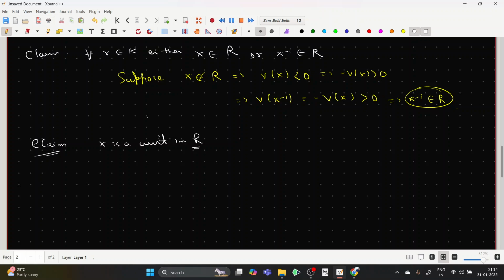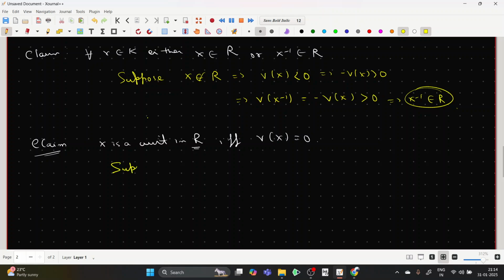It should be a unit in K if it's a non-zero element, because K is a field. So x is a unit in R if and only if its discrete valuation is 0. This characterizes all the units inside the discrete valuation ring. The elements inside the discrete valuation ring will be units inside the ring if and only if its valuation is 0.